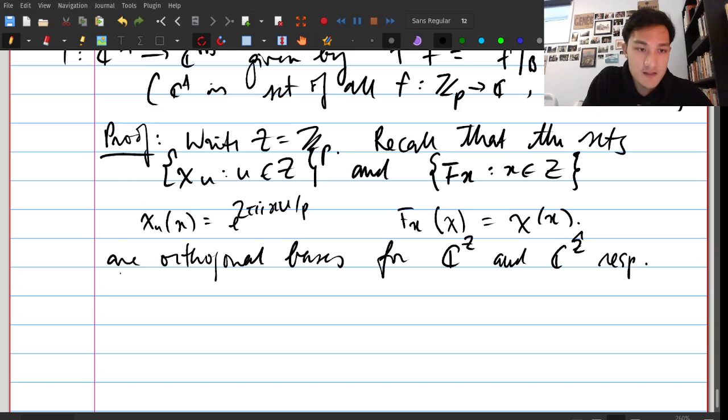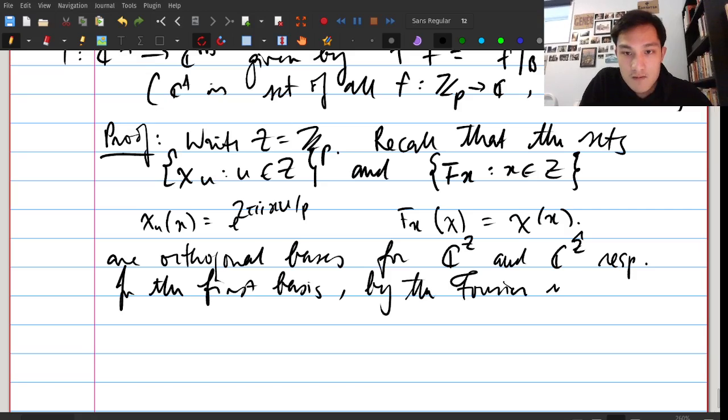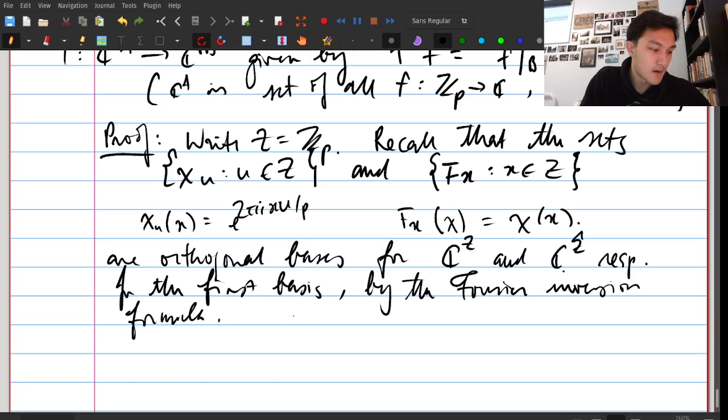So in the first basis, by the Fourier inversion formula, okay, because f of x is a sum, right?